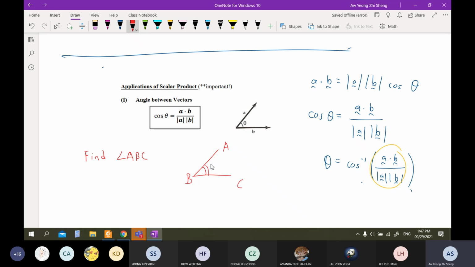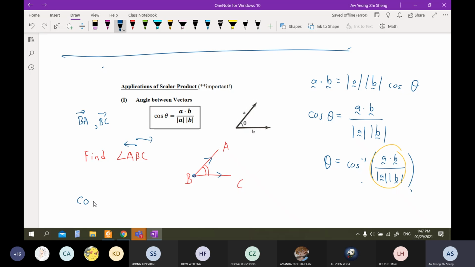To ensure that you get a pair of diverging vectors to dot, one very easy technique is just by looking at the name of the angle, you take the middle letter, and point to each of the two sides. So BA and BC. Vector BA and vector BC will enable you to get the required angle, because in the diagram, BA and BC are diverging. So this is one very easy way to get a correct pair of vectors.